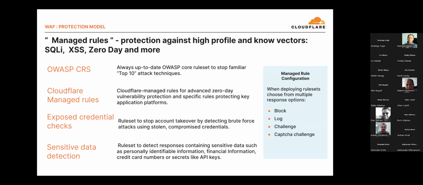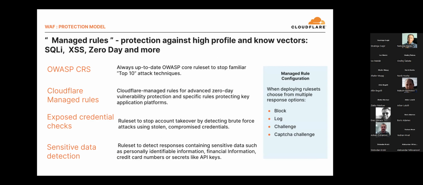So I'm talking about managed rules, about pre-configured rules, what it means, what we can provide for our customers. The first one is Cloudflare managed rules, handled by the Cloudflare security team. This type of pre-configured rule set protects against the most popular attacks like SQL injection, code injection, cross-site scripting, and so on.